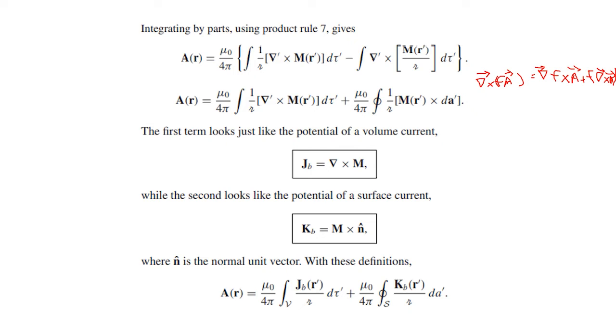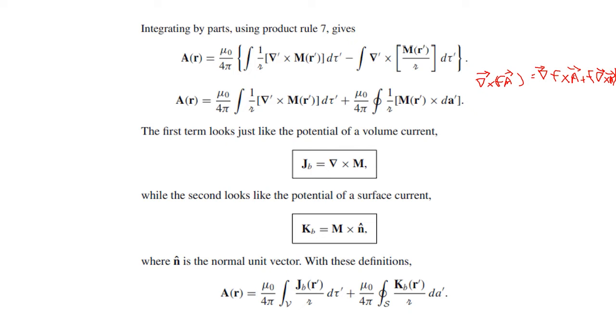When we apply this, we get A of r equal to mu naught by 4 pi integral of 1 by r gradient prime cross M of r prime d tau prime minus integral of gradient prime cross M of r prime divided by r d tau prime.